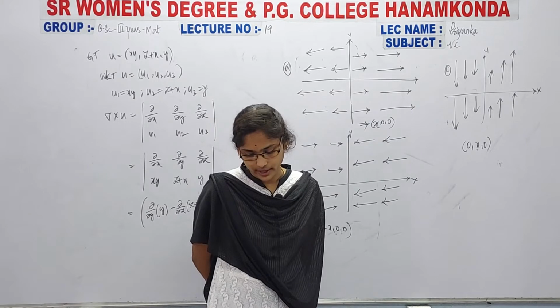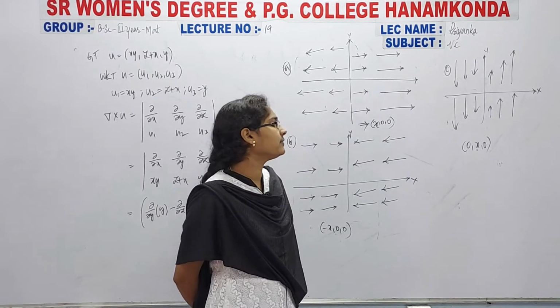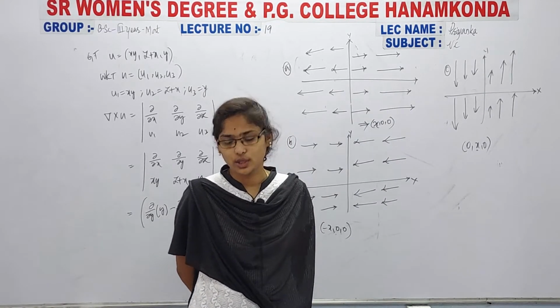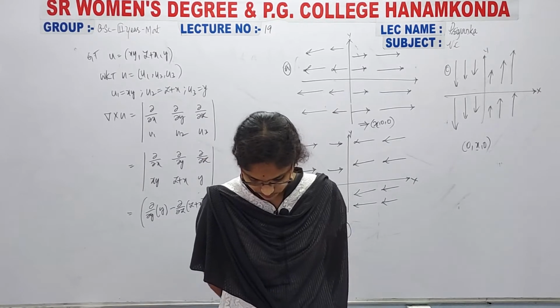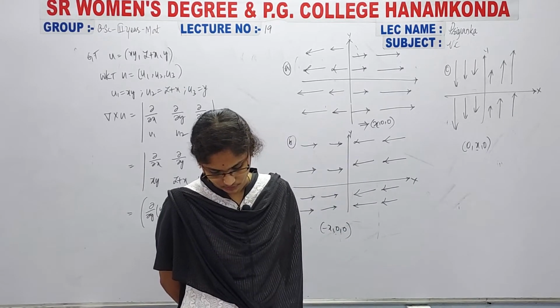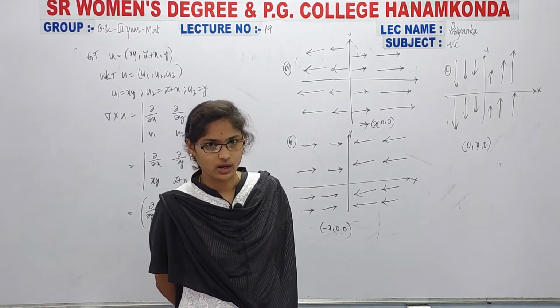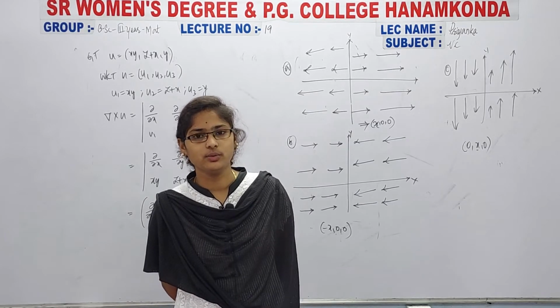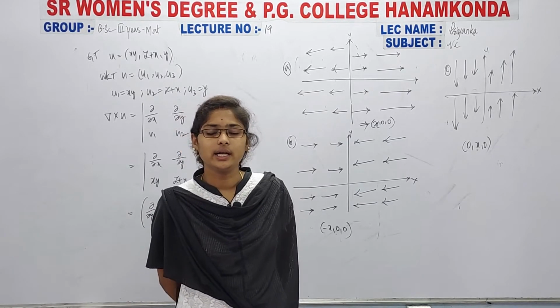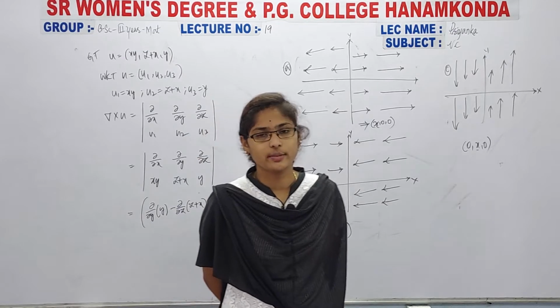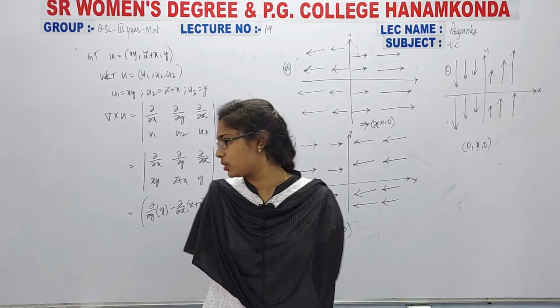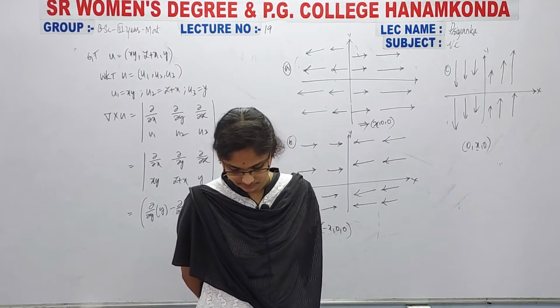For the third one, w equal to 0 comma x comma 0, then curl w, that means del cross w, is equal to 0 comma 0 comma 1.